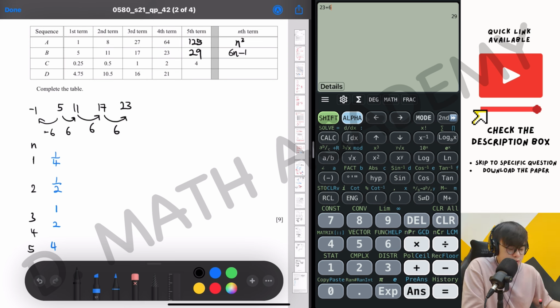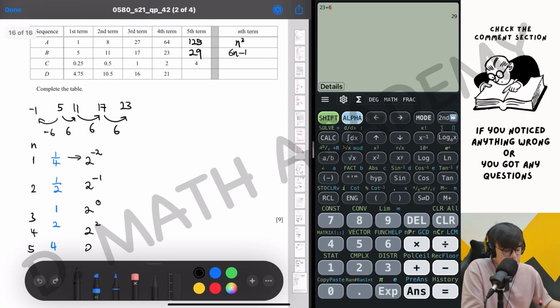So for example, this can be written as 2 to the power of negative 2, then 2 to the power of negative 1, 2 to the power of 0, 2 to the power of 1, and 2 to the power of 2. So with this being said, you need to check the relationship of the n and the power here.